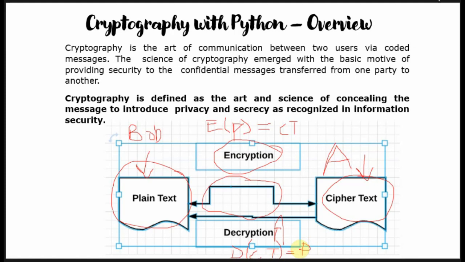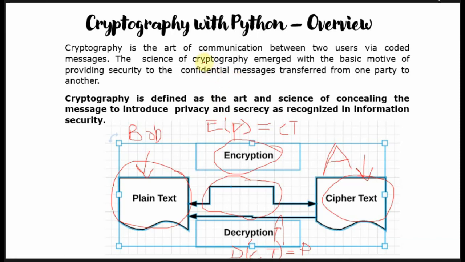Now there is something obviously missing in the process, because this encryption function cannot just work without a parameter that is so important, and that parameter is the key. I should even have asked the question: how is the reverse going to be possible? How is E of P going to be equal to CT and D of CT going to be equal to P? We need to have a key.